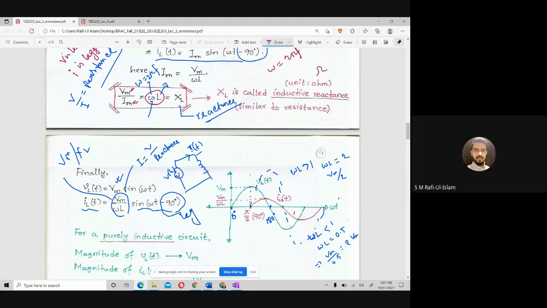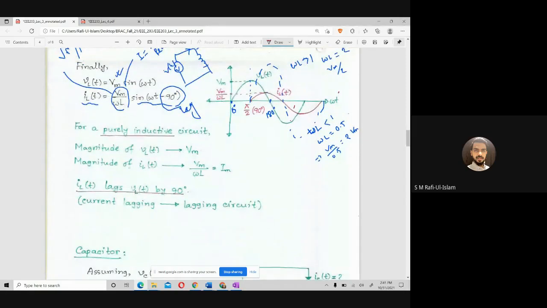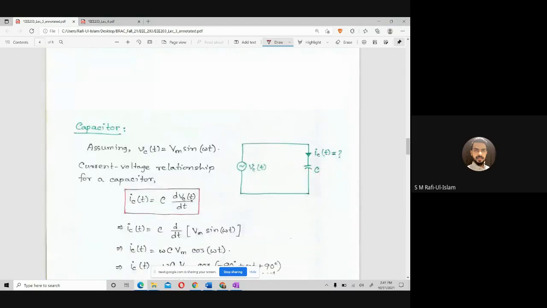Okay, I have another question for you all. Now, I have a very simple circuit. This is the voltage source, and again it's connected to an inductor. Right now I have an expression of Vs equal to, let's say, 10 sine omega t plus 40 degrees.